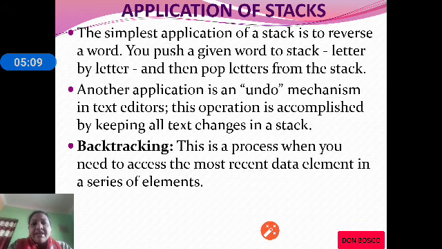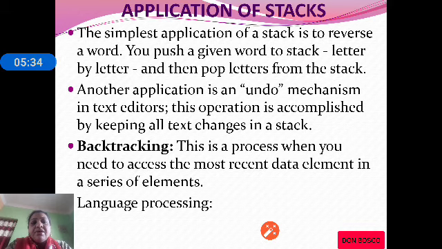If you have done a series of operations, you can check each operation by moving back, that is by using stacks. Backtracking is a process when you need to access the most recent data in a series of elements. So for backtracking, we use stacks.